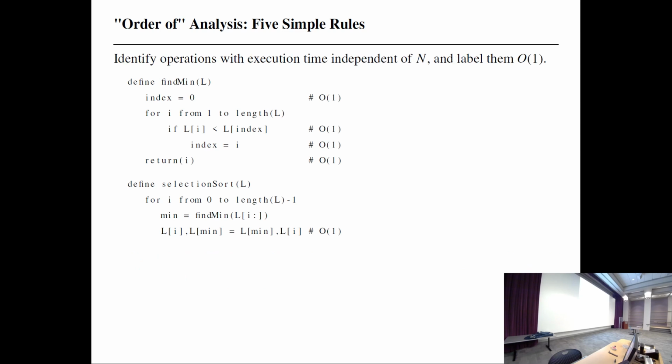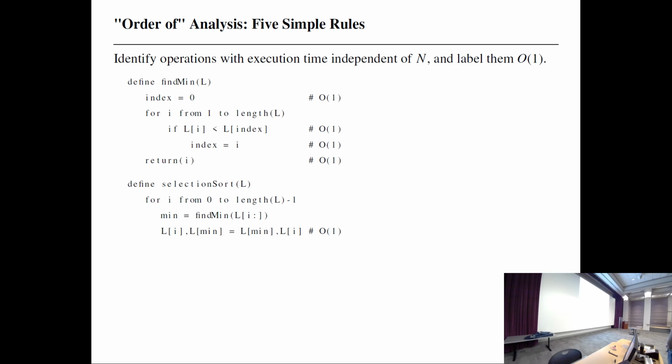All right, so I'm going to start with find min because remember, rule 4 tells me if I have an invocation of find min, I need to first know how fast find min is. So I'm going to start with find min, and I'm going to label over here in the corner, this is a simple expression. This is a fundamental thing. It's an assignment. The cost of doing this assignment does not depend on the length of L. Every time I just assign a number to a variable, it costs me one, think of it as one operation.